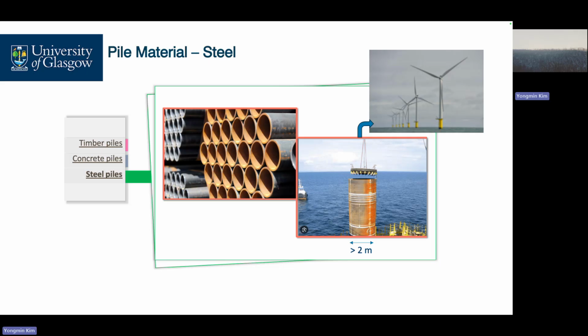And then circular steel pipe, very common. What is that? More than 2 meters in diameter, my height is around 2 meters, 80 to 100 meters long, used offshore for wind turbines.